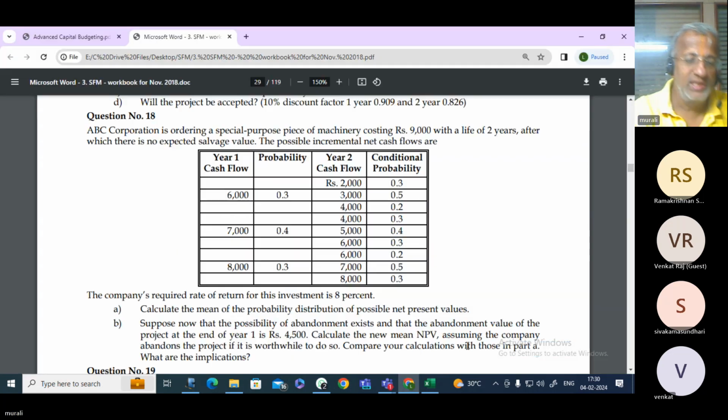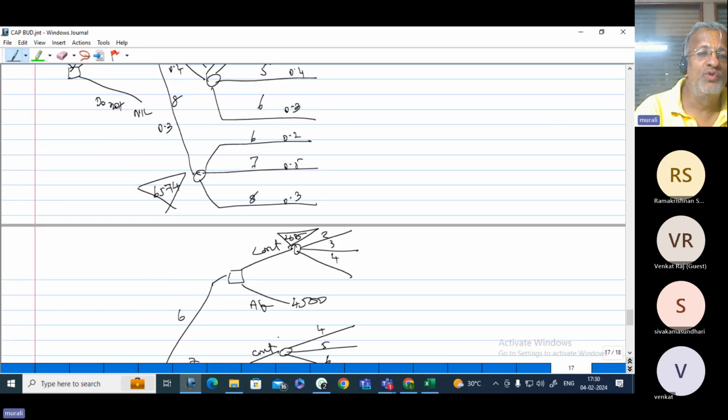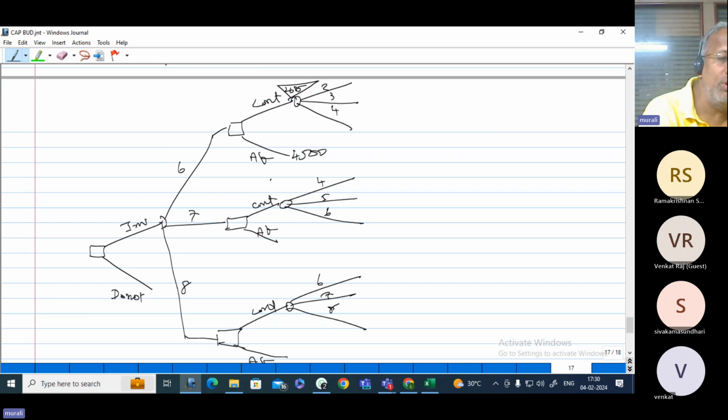Correct. If I sell at the end of the first year, before I want to take up the second year, I have the option of either continuing or abandoning. So here, how much do you end up with? 4,630 or 4,500.